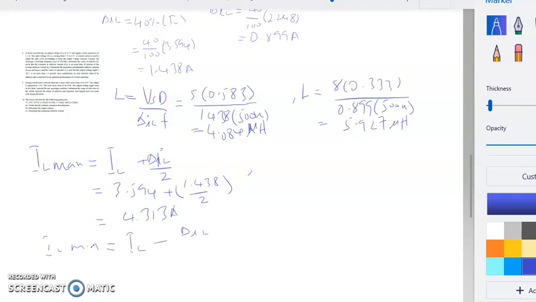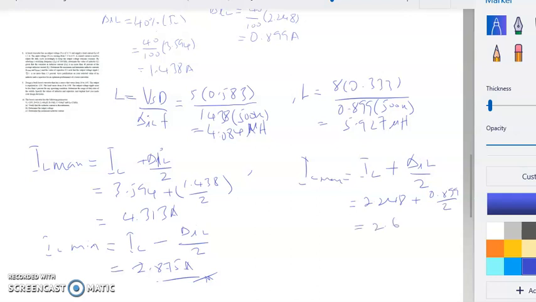Meanwhile, the minimum inductor current will be 2.875 ampere. And for 8 volt input, the IL max is 2.98 ampere, and IL min is calculated to be 1.78 ampere.